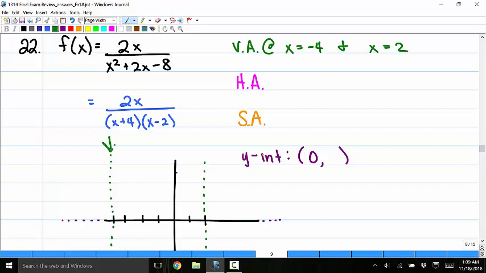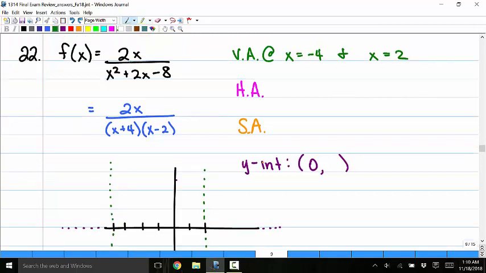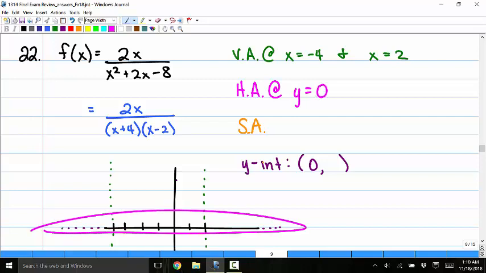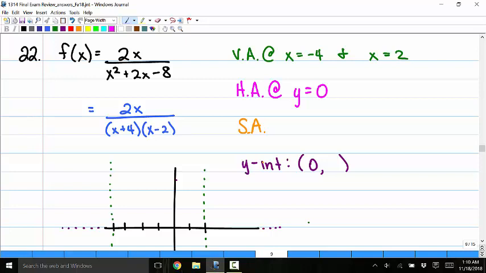You can see that I've already graphed those here on my graph. Horizontal asymptote, since the degree of the numerator is 1 and the degree of the denominator is 2, the degree of the denominator is bigger, so there is a horizontal asymptote at y equals 0, and I've already graphed it right here. Since there's a horizontal asymptote, there cannot be a slant asymptote.